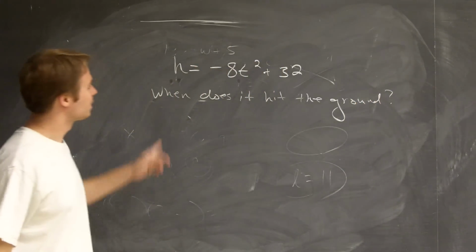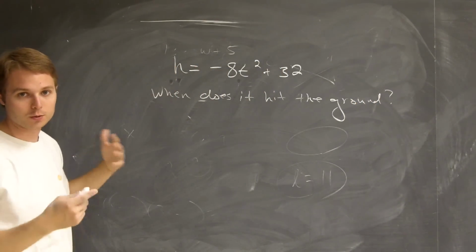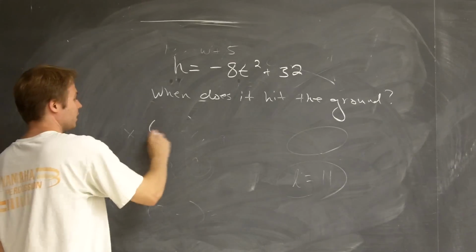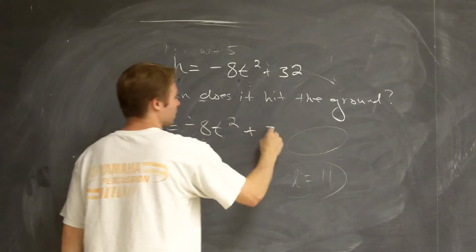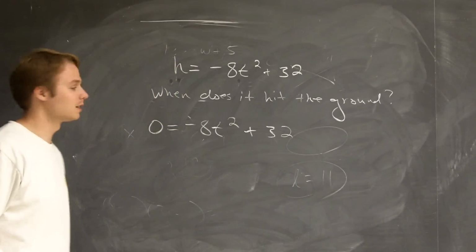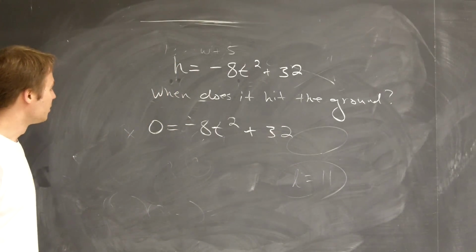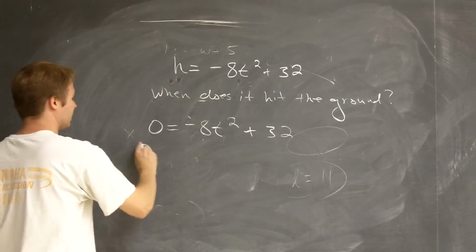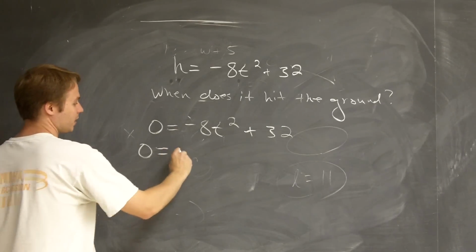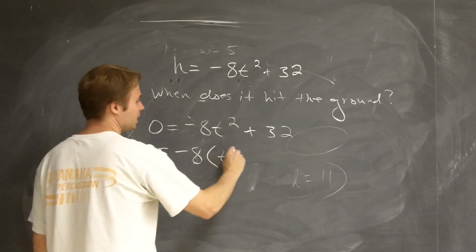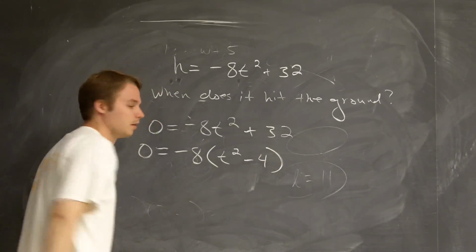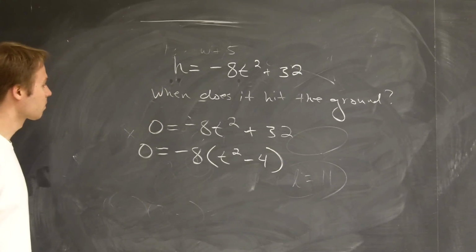Well, when the rock hits the ground, its height will be equal to 0. So we can just plug in a 0 into our equation and try to figure out at what time t does this happen. So for this, I can, again, factor. I'll factor a negative 8 out of the front, and that will leave me with t squared minus 4.